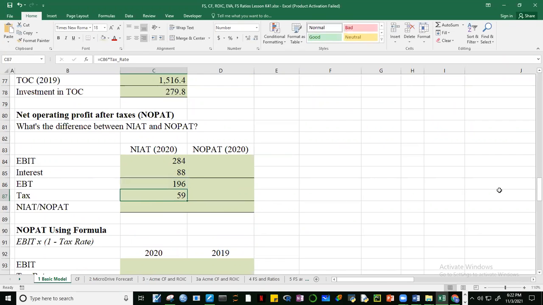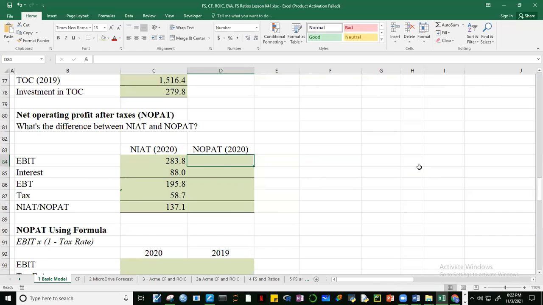Therefore, our net income after tax is simply the difference between your earnings before tax and your tax. Let me increase this by 1 decimal place to be consistent with the income statement above. So that's it, guys. Net income after tax is generated by your operating profit, less interest, less tax.